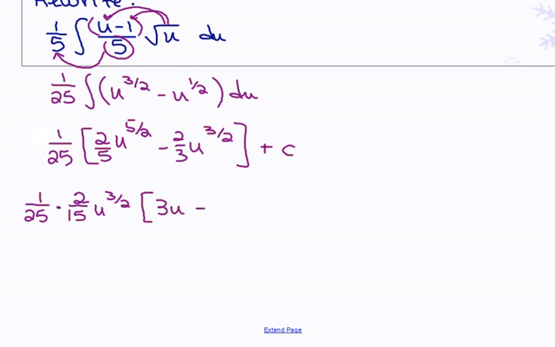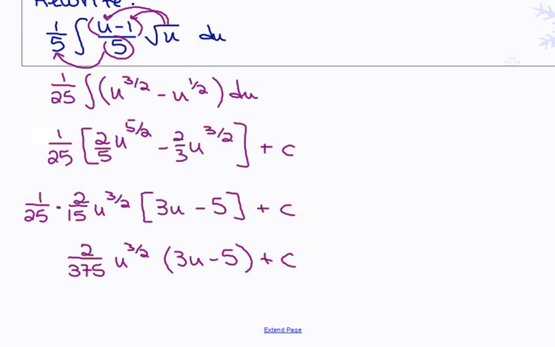And then when I divide out, 2/3 divided by 2/15 leaves us with 5. And then I'll simplify the rest of the way. So out front now I have 2/375 times u to the 3/2 times the quantity 3u minus 5, and then plus c. Okay, so now I have everything simplified in terms of u.